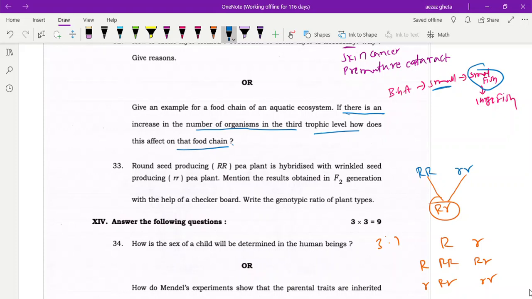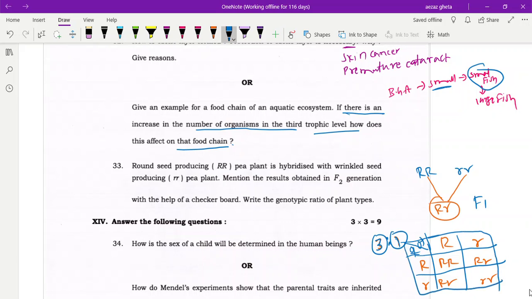You will get 3 round seeds and 1 wrinkled seed. This is the F1 generation. This is the checkerboard of the F2 generation. Okay, understood. This is F2. Hope you guys understood.